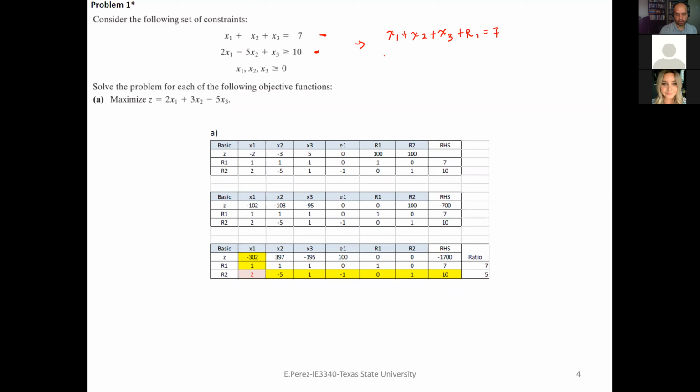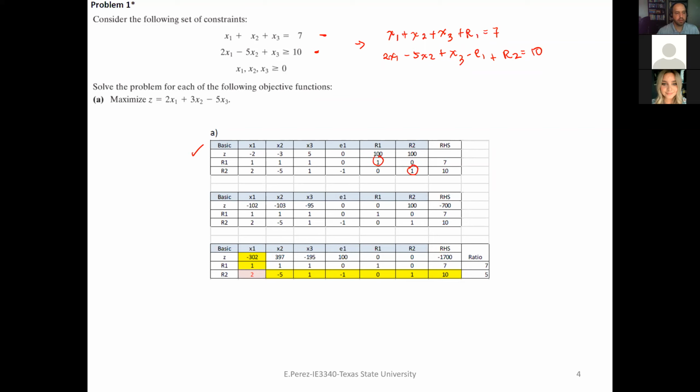And then for the second constraint, you have 2x1 minus 5x2 plus x3 minus e1 plus artificial variable equals 10. So the tableau in this first part has the artificial variables for both.